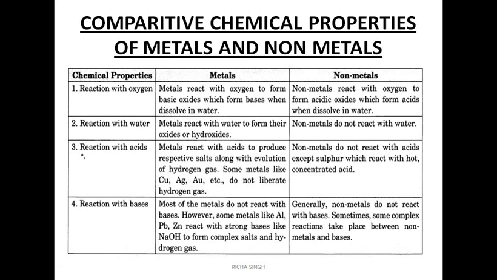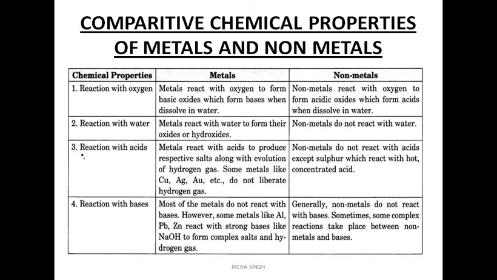You have studied that while reacting with oxygen, metal forms oxides which are basic in nature, whereas non-metals form oxides which are acidic or neutral in nature. When metals react with water, they form their oxides and hydroxides, whereas non-metals do not react with water.